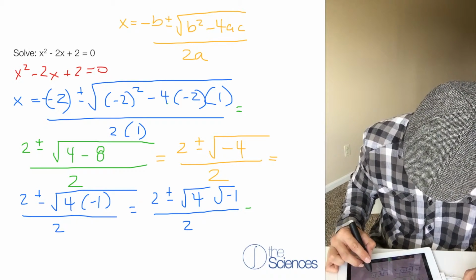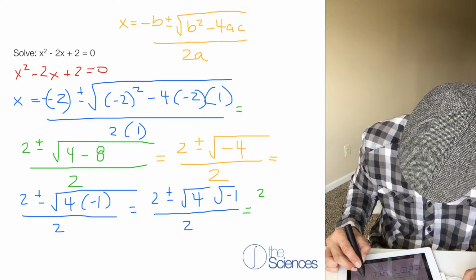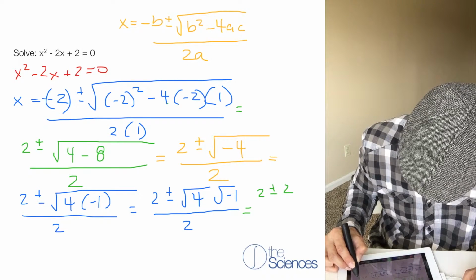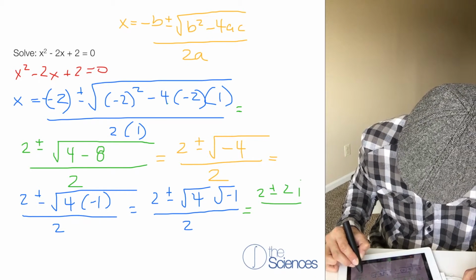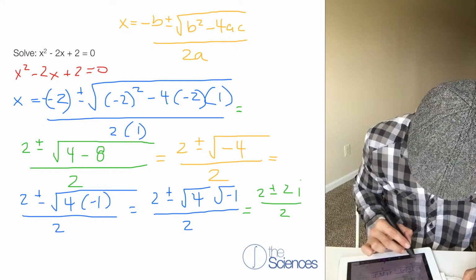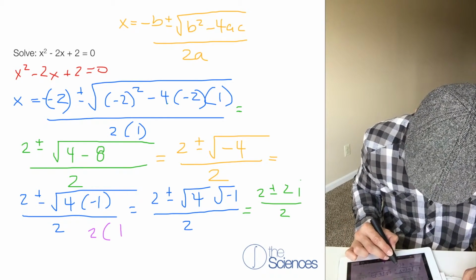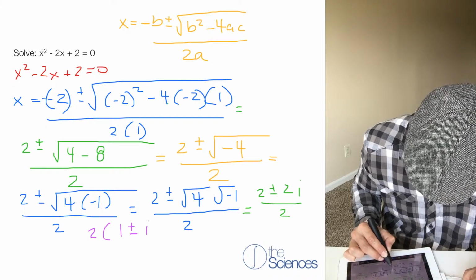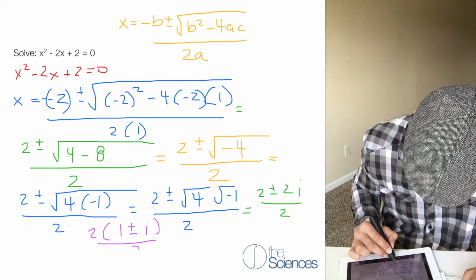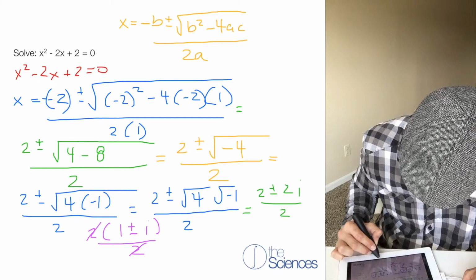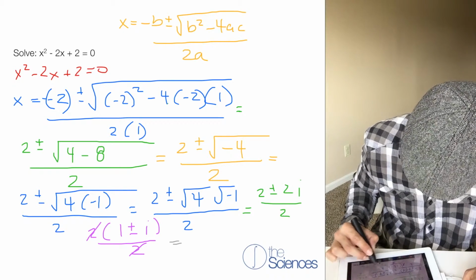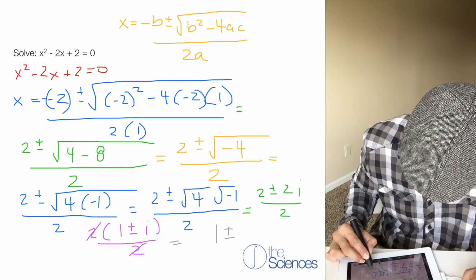So now we get 2 plus or minus 2i over 2. Now if we factor 2 out of there, we get 2 times 1 plus or minus i, divided by 2. We can cross these out to get 1 plus or minus i.